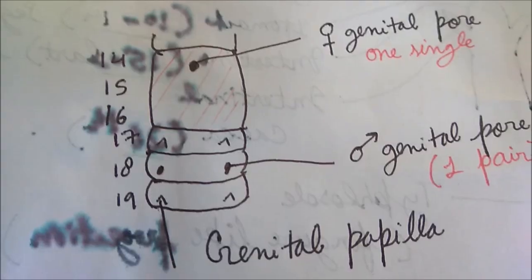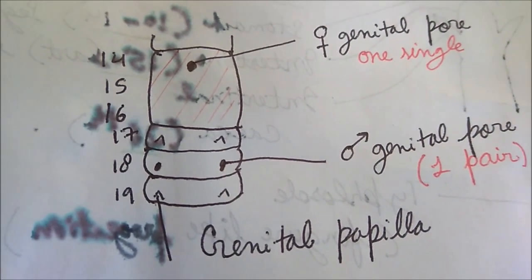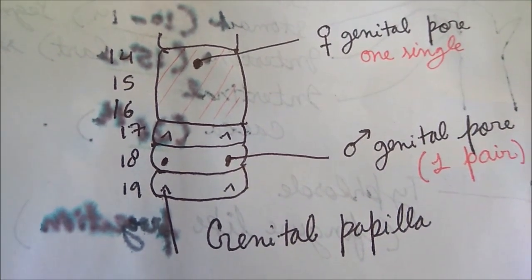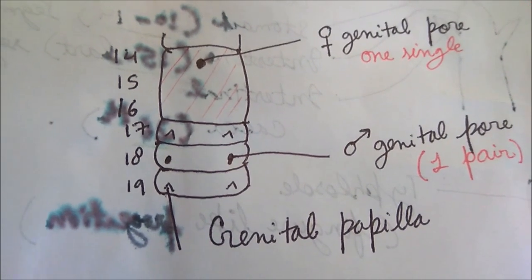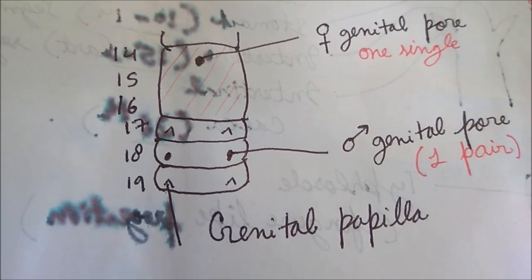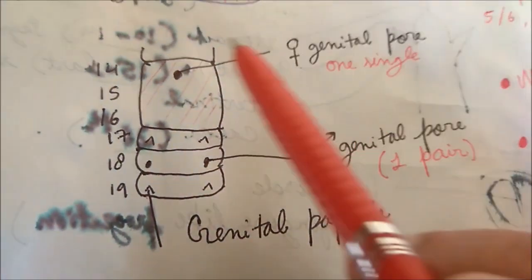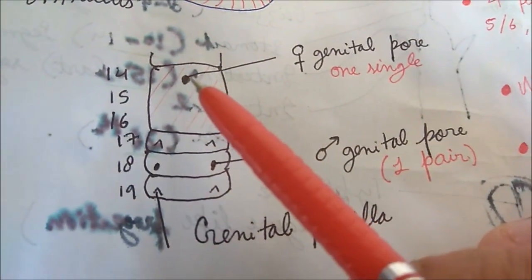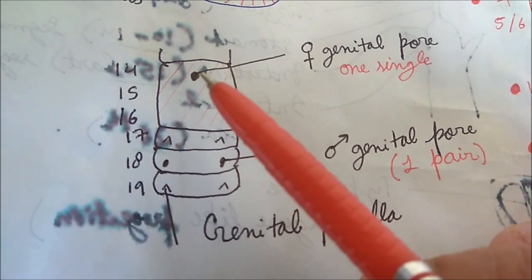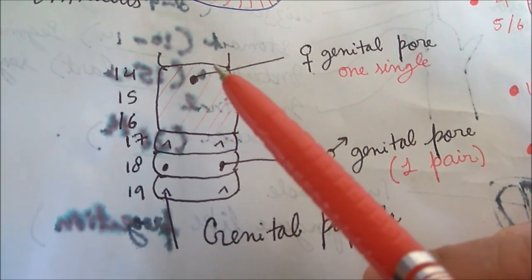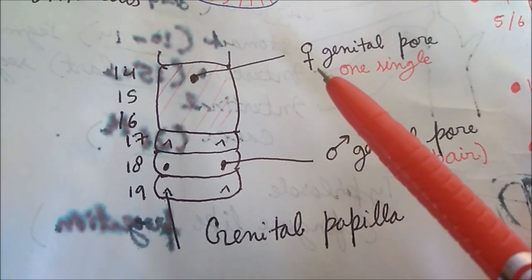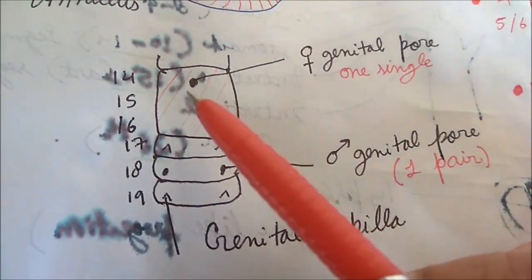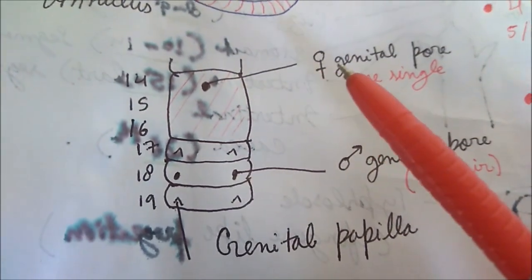Now we'll see how the male and female genital pores are arranged and in which segments they are present. In the ventral line of the 14th segment, in case of female, there is a single genital pore.